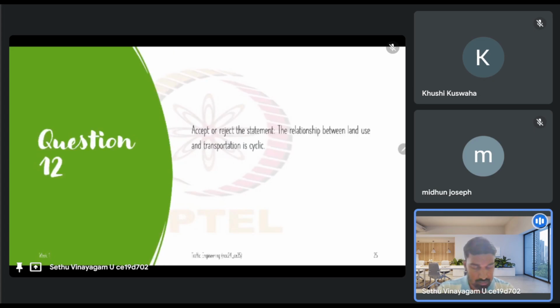Okay, question number 12: the relationship between land use and transportation is cyclic.